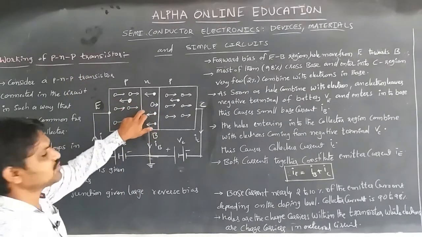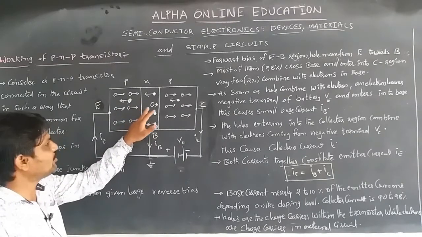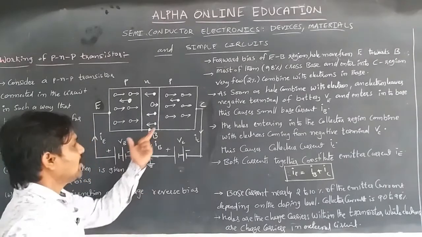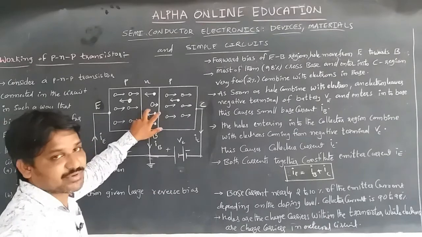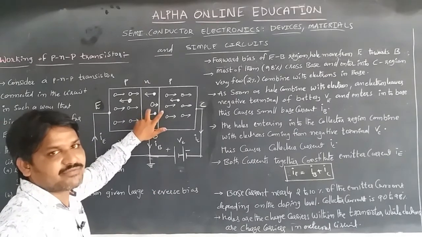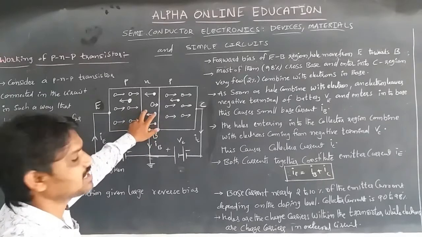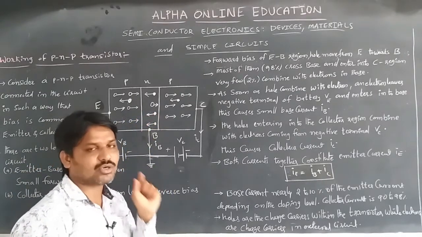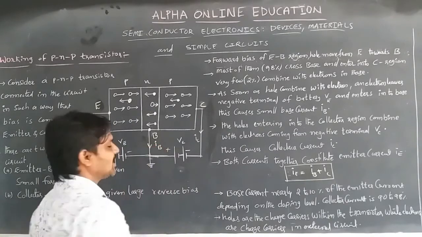Most of the holes, up to 98%, move from the emitter to the base, and the remaining 2% of the holes combine with the electrons in the N type material. Due to this combining, the base current flows through the circuit.